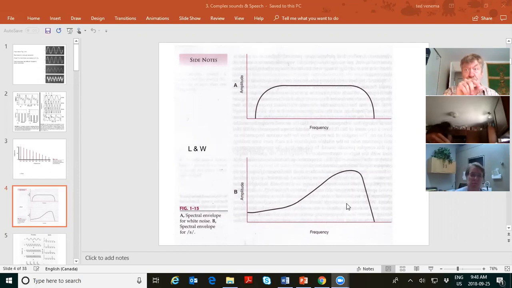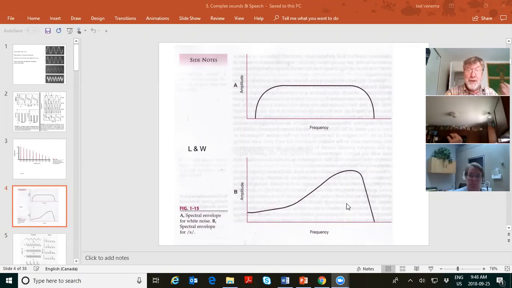Their waveforms do not show repetition, but they still have all kinds of frequencies in them. It's just that when you put them all together, there's no repetition that you can see in the wave. And so it's not going to sound tonal, but still the noises can sound different.